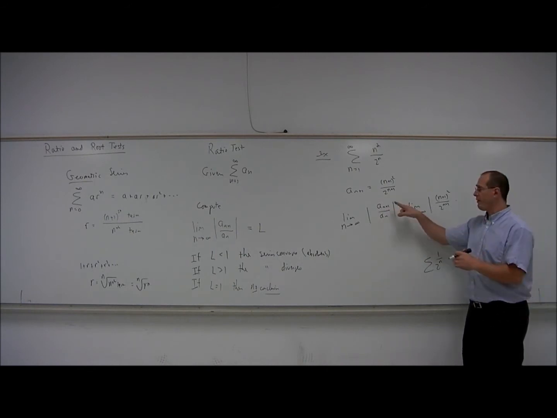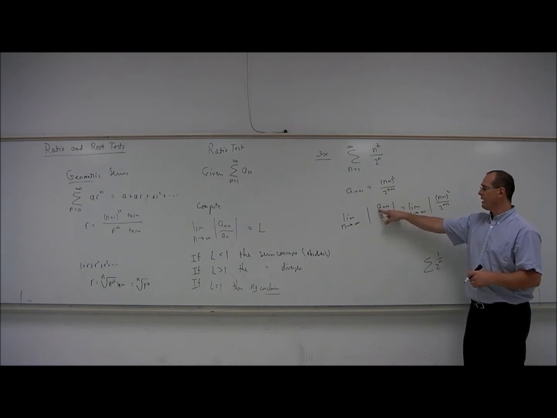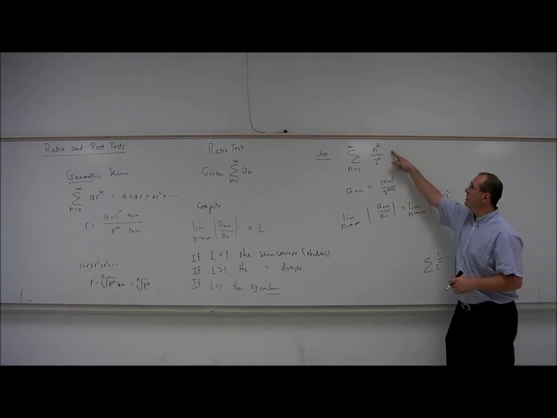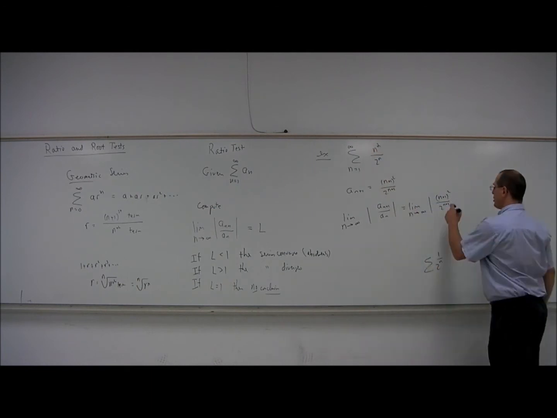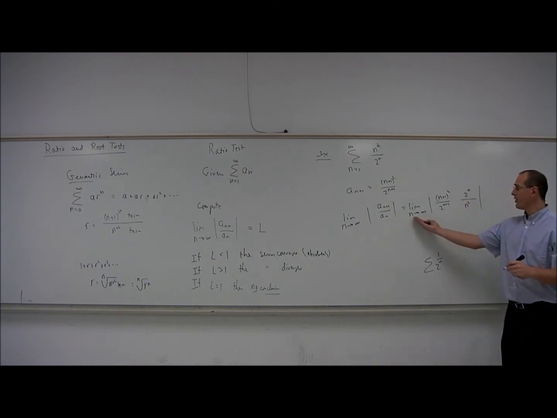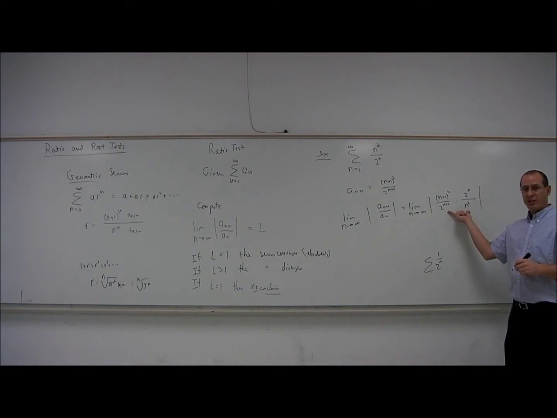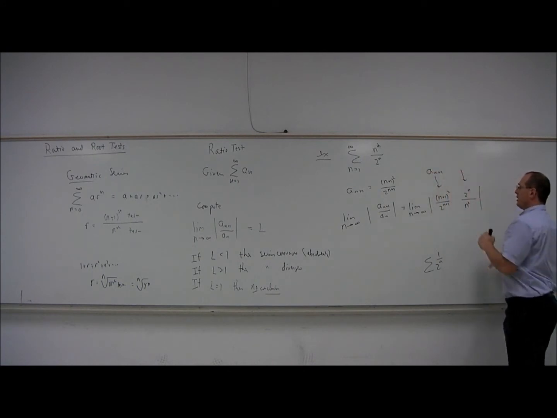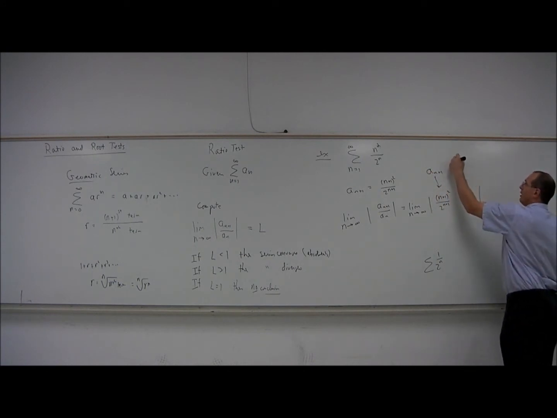So I'm not going to write fraction over fraction. I'm going to write this fraction times the reciprocal of this fraction. So a sub n is what we see here, and the reciprocal of that puts 2 to the n on the top and n squared on the bottom. So we want the limit of the absolute value of the product of these two fractions. This is a sub n plus 1, and this one is the reciprocal of a sub n.